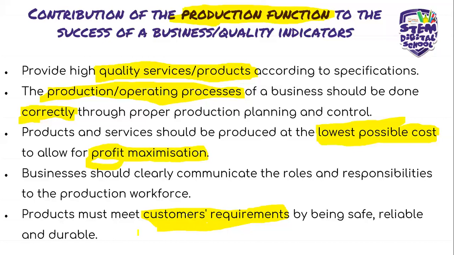The customer requirement is that the sanitizer must have alcohol, it must work, it must kill germs, right? So if we meet the customer requirements, meaning with corona, there will be fewer chances that the customer can get corona or catch germs, right?